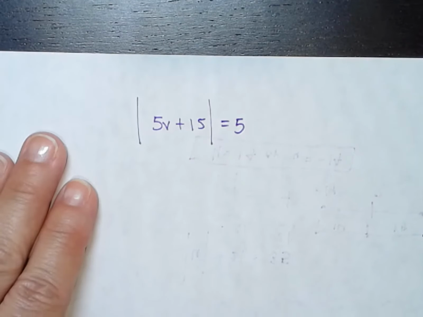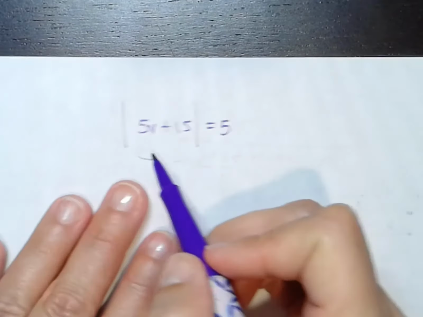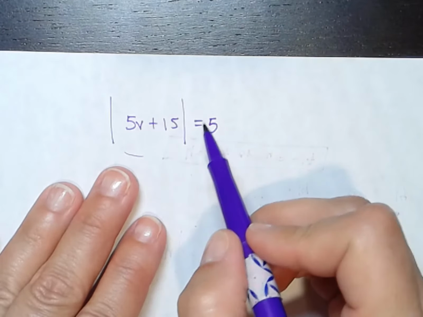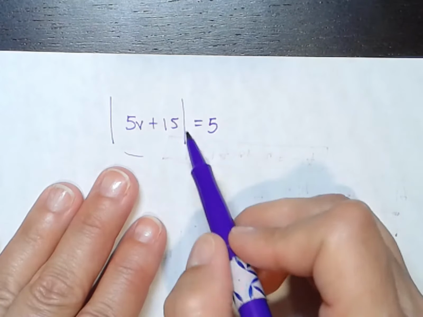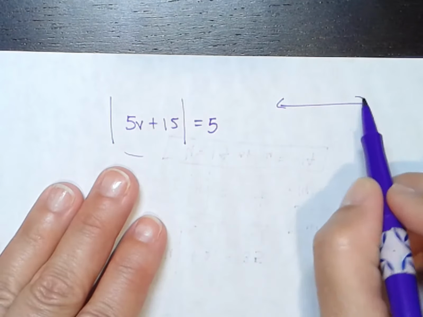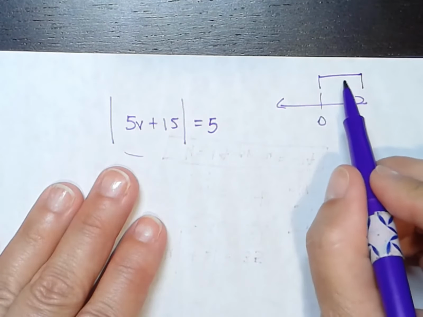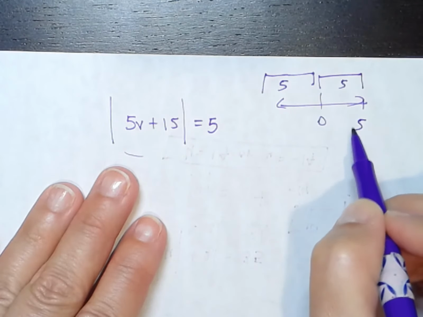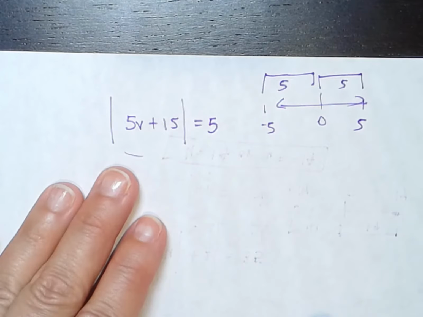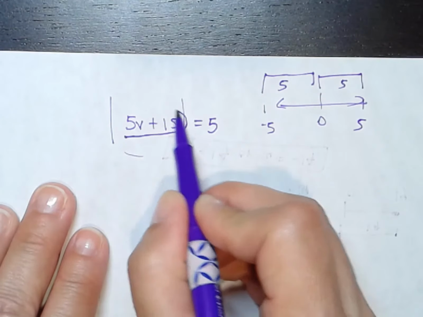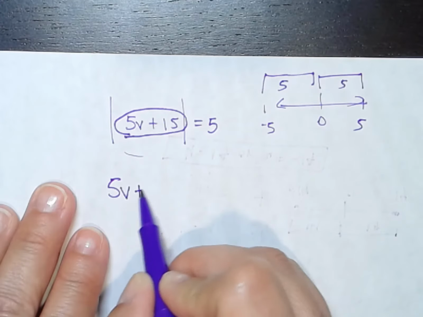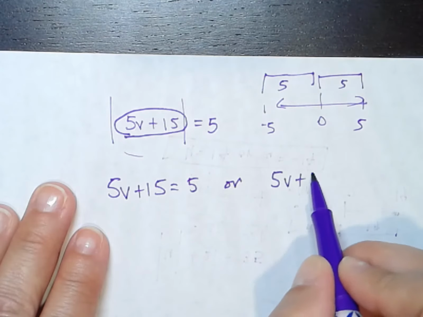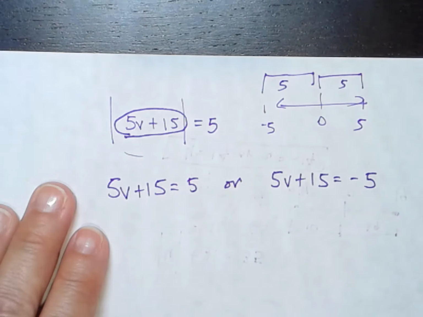So in order to solve this one, the absolute value is already by itself. So now I just have to ask myself, what number could this be so that its distance from 0, that's the absolute value, is equal to 5. So in my brain, I'm thinking, the distance had to be 5, right? So either I landed on 5 or I landed on negative 5. So that means that what's in the center here, it either was equal to 5 or it was equal to negative 5.